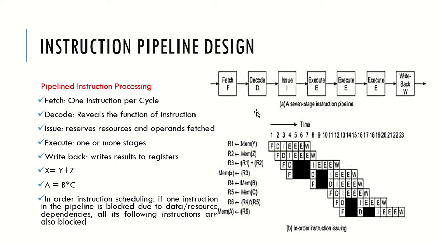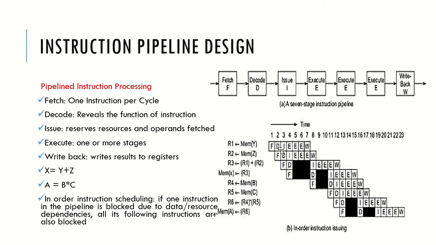I repeat, if the instructions of a program are fed into the instruction pipeline in the same order as they appeared in the program, then such scheduling is called in order scheduling.